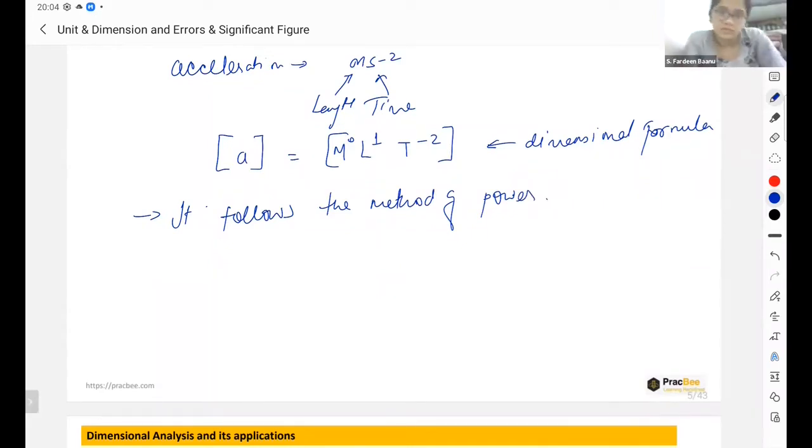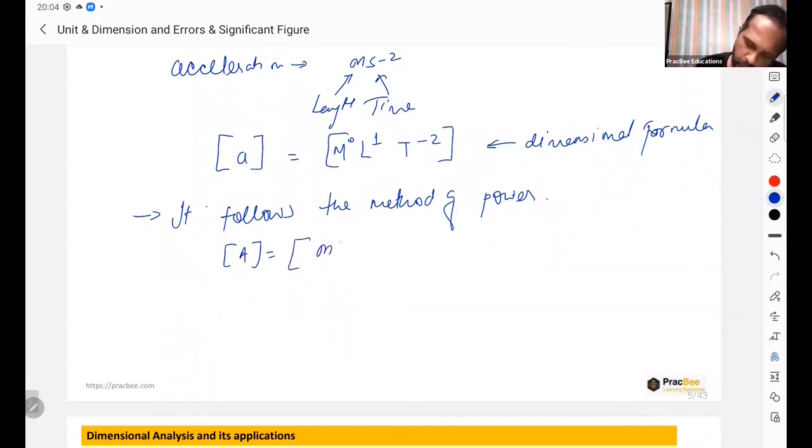Suppose we have a quantity A whose dimensional formula is M^a L^b T^c, and a quantity B whose dimensional formula is M^x L^y T^z.